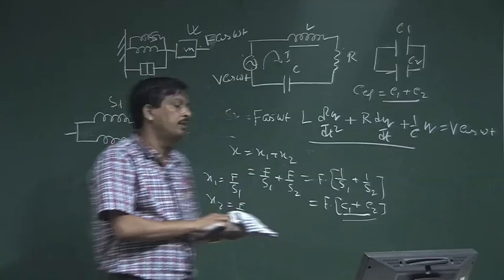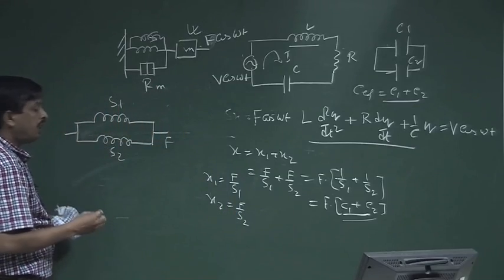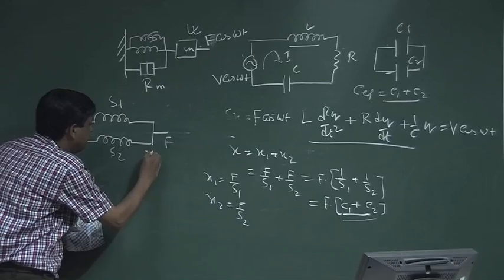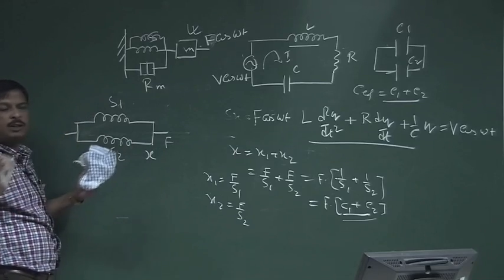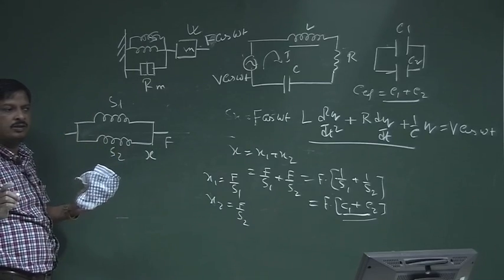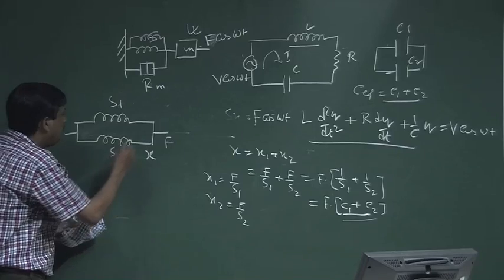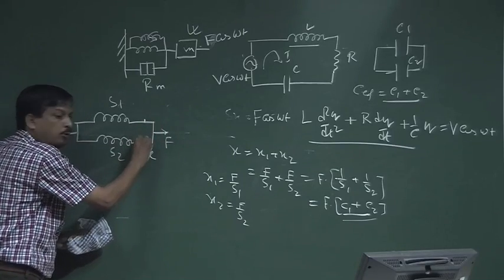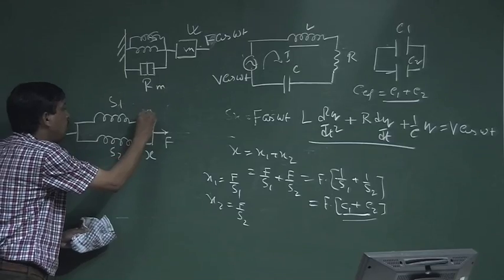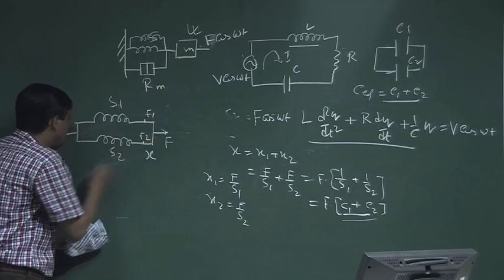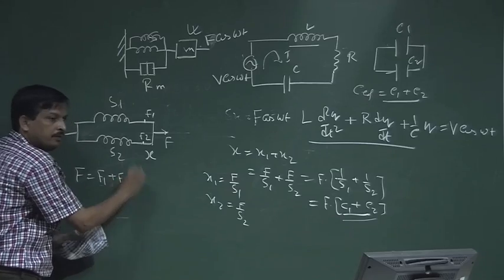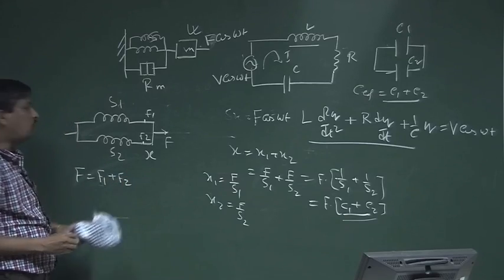The total displacement is x. The total force acting is the force here plus the force here, so F is F1 plus F2.